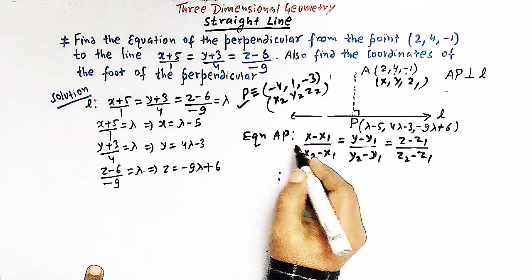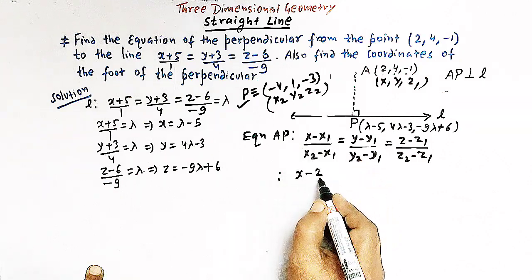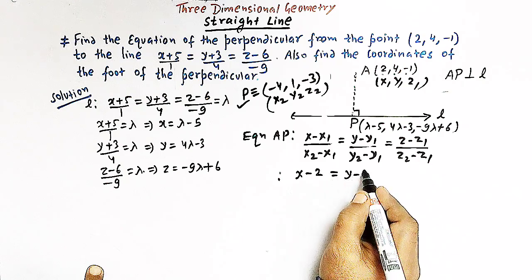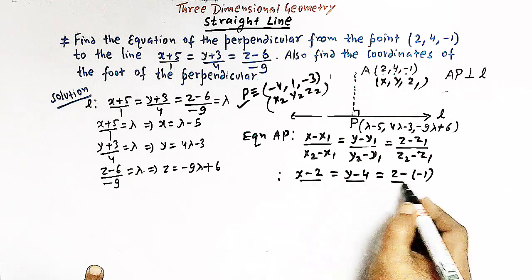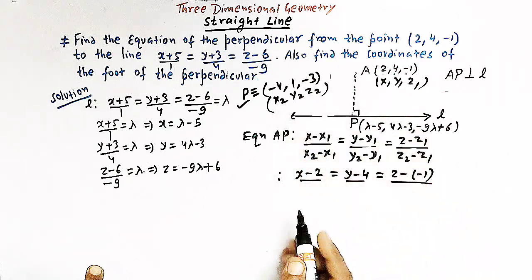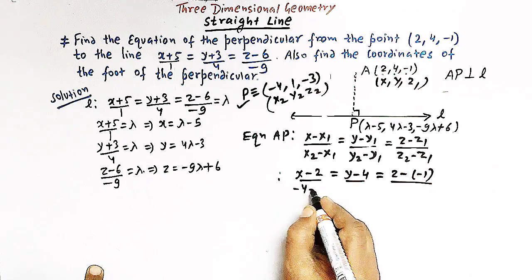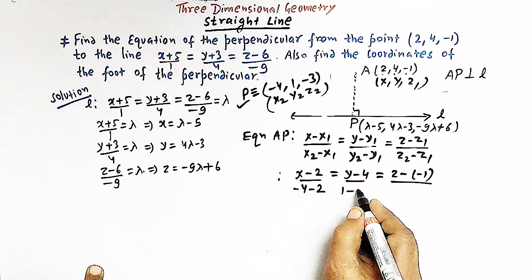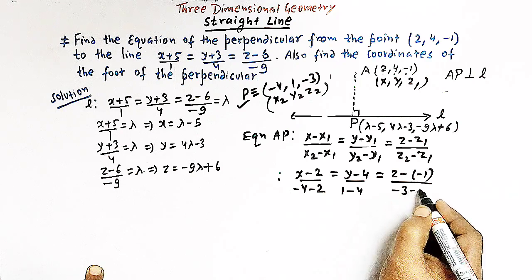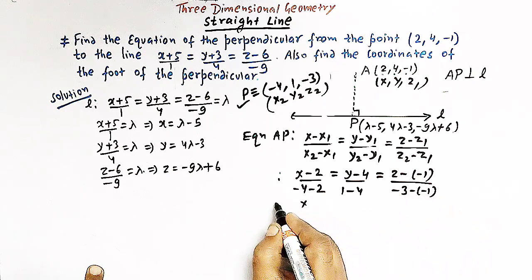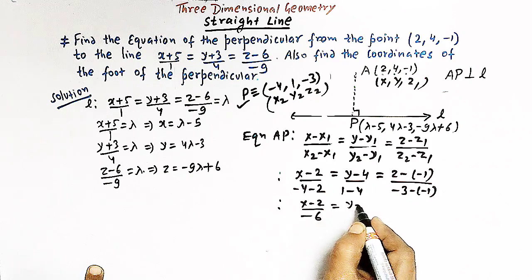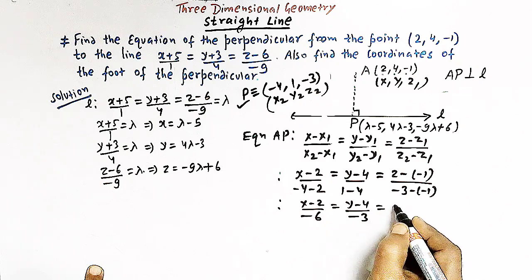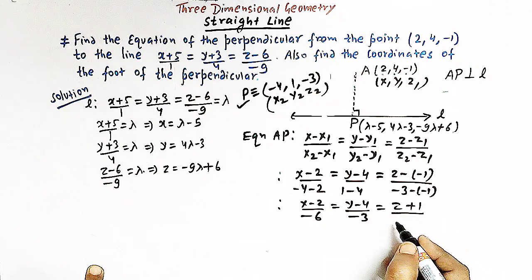So the equation of AP is given by x minus 2 equal to y minus 4 is equal to z minus minus 1, and in the denominator we can write x2 minus x1. So we have minus 4 minus 2, then we have 1 minus 4, and then we have minus 3 minus minus 1. So this is x minus 2 over minus 6, this is y minus 4 over minus 3, and then we have z plus 1 over minus 3 plus 1, that is minus 2, right?